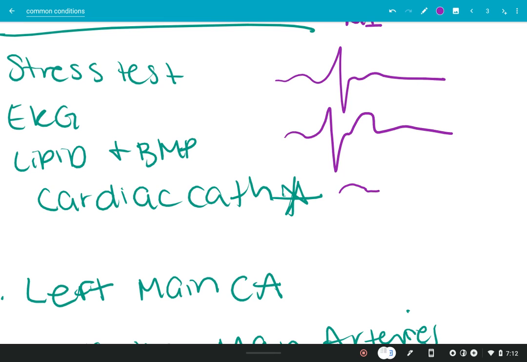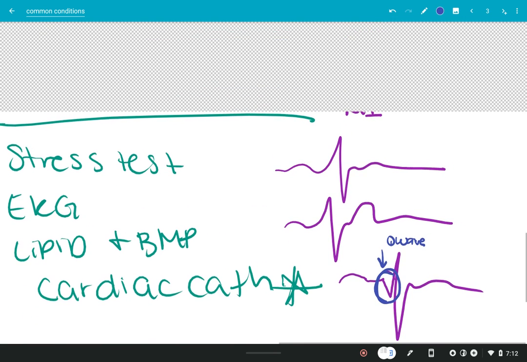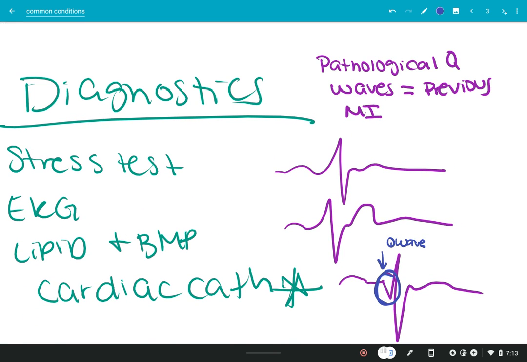So after everything's fixed, right here, that's a Q wave. And a Q wave, like I said, signifies a previous MI. On some people, it's normal to see a Q wave, and that doesn't mean that they've had an MI. But how do you know if it's just a regular Q wave or a pathological Q wave because of a previous MI?